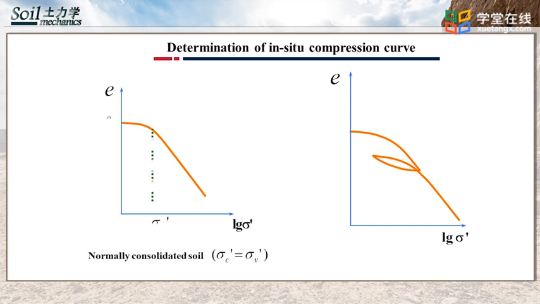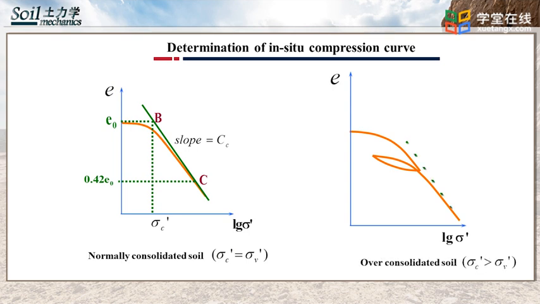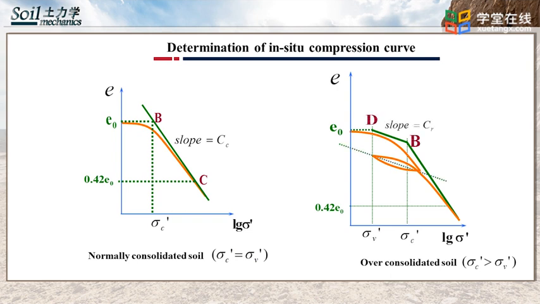For the normally consolidated soil, the slope of the in situ compression curve BC is equal to the compression index Cc. For the over-consolidated soil, the field consolidation plot will take a path dBc. When the applied pressure is less than the pre-consolidation pressure, the recompression path in the field is dB and is parallel to the laboratory expansion curve.